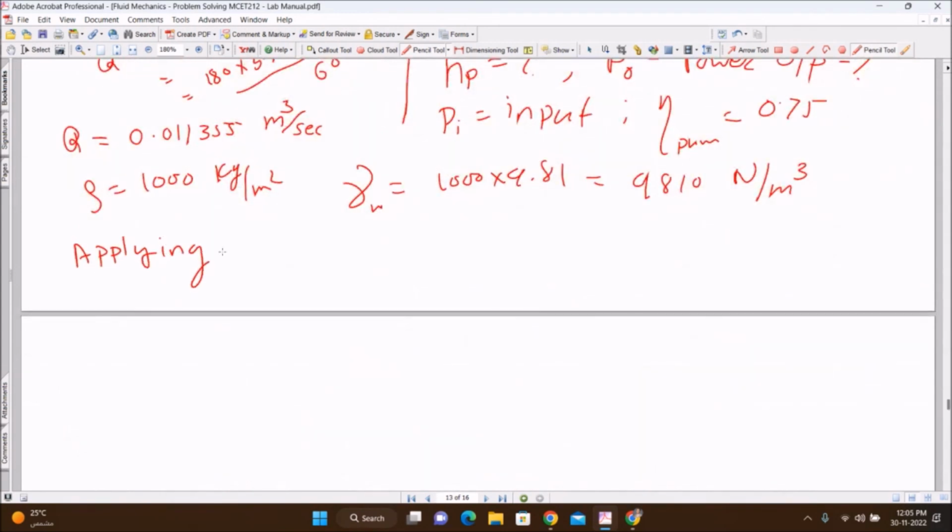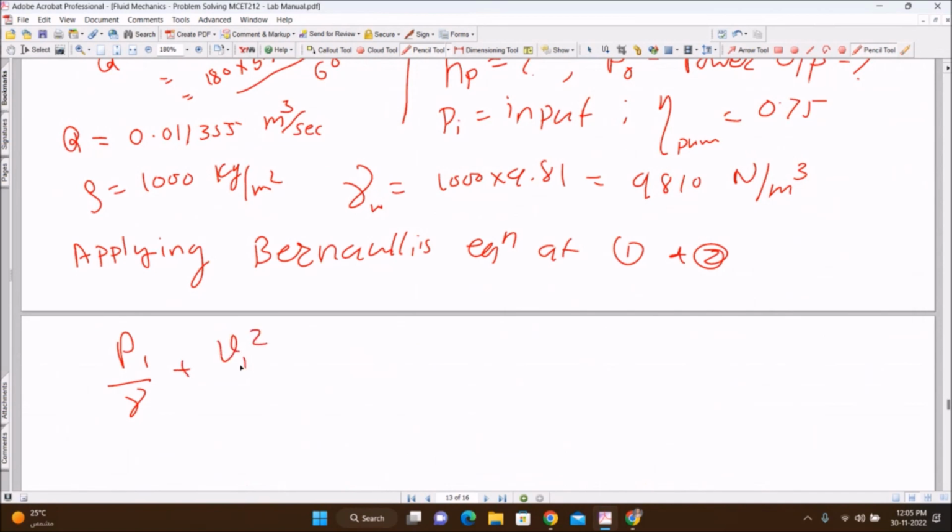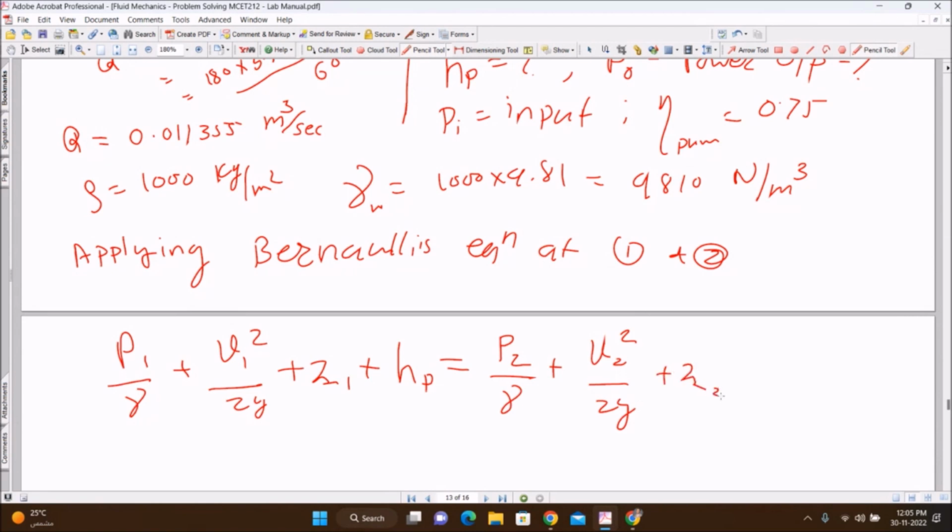Applying Bernoulli's equation, the pressure energy P1 by gamma plus kinetic energy V1 square by 2g plus potential head Z1 plus Hp, the head developed by the pump due to impeller rotation, is equal to the pressure energy at outlet plus kinetic energy at outlet plus Z2.